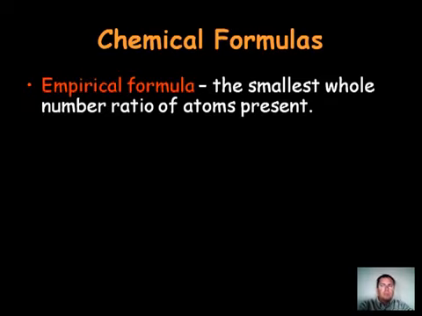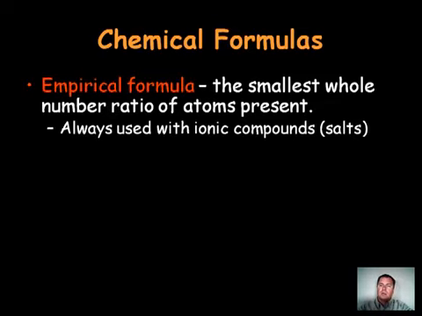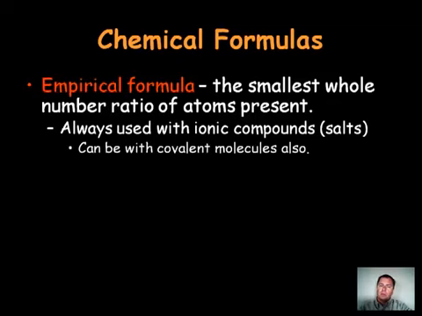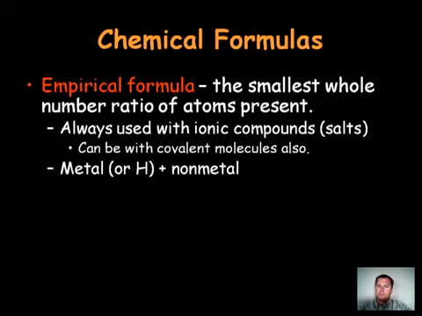With covalent compounds, we'll sometimes do the empirical formula as well. We always use it with ionic compounds, the salts, but we can also use it with covalent molecules. The reason is that while some covalent compounds may have different molecular formulas, they're going to have the same empirical formulas.